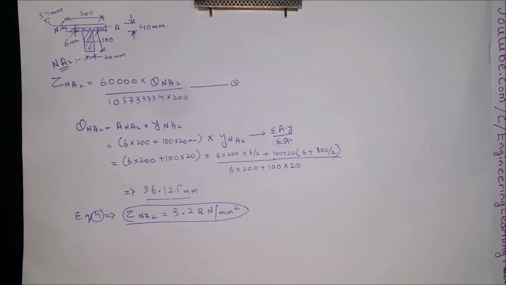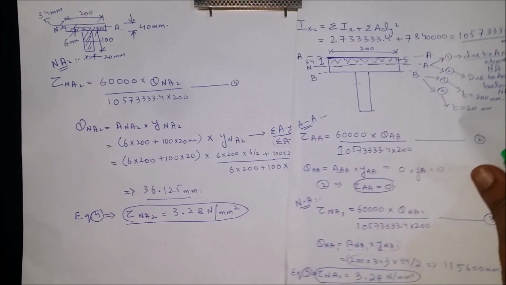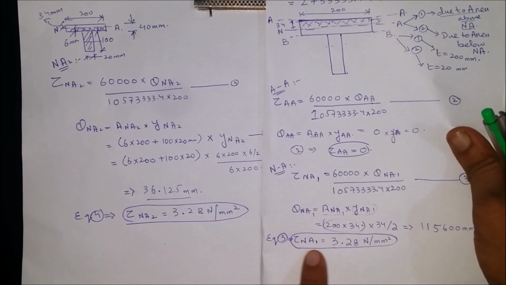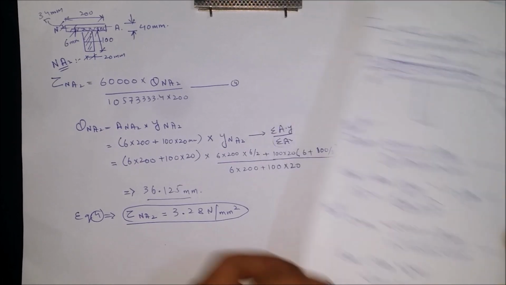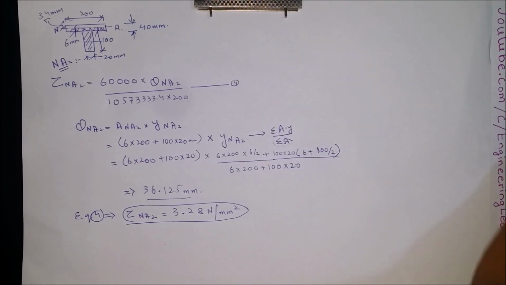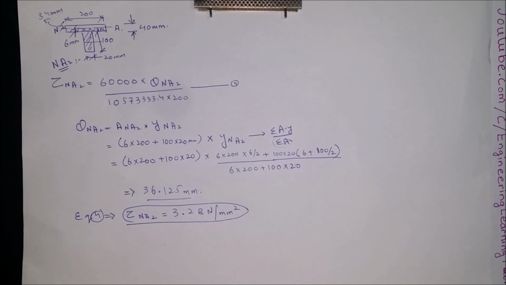The value was the same, 3.28 Newton per millimeter square. It is a certain case that the shear stress due to area above the neutral axis and shear stress due to area below the neutral axis have similar magnitude. It's only the case sometimes, not always.